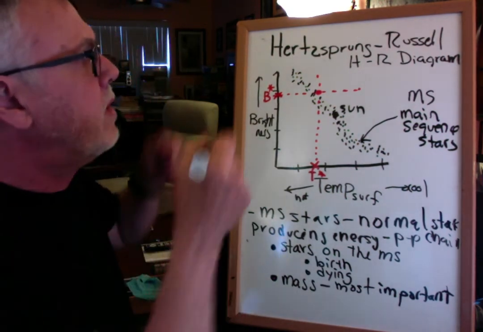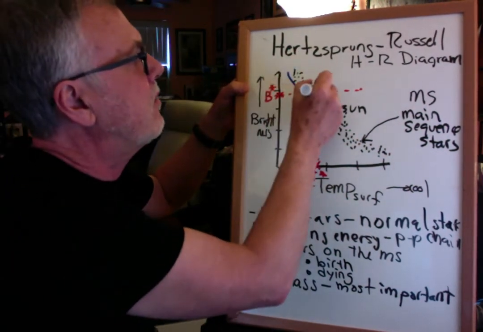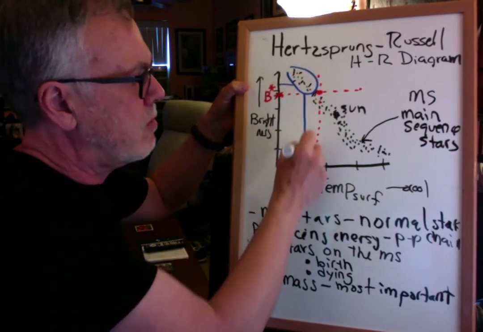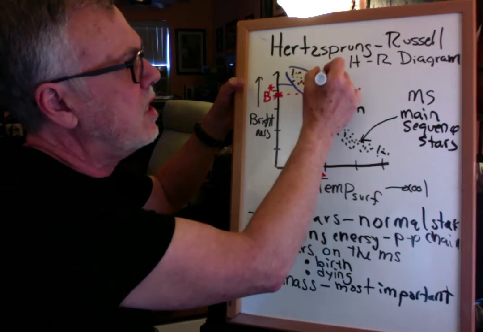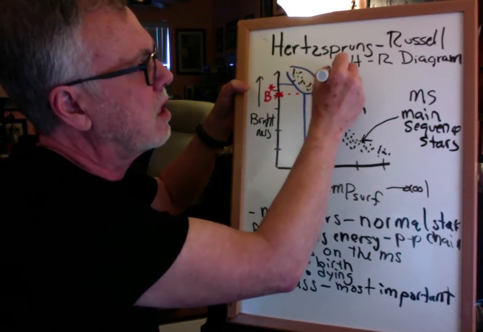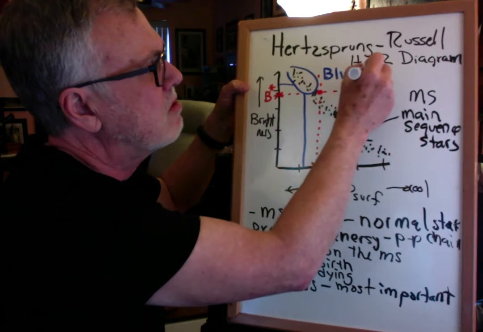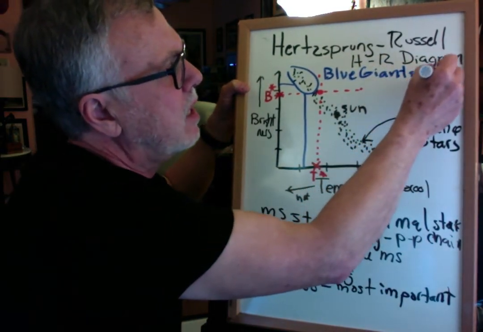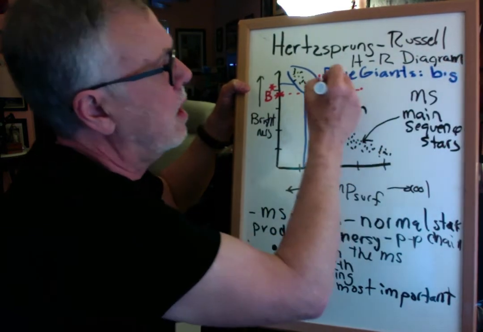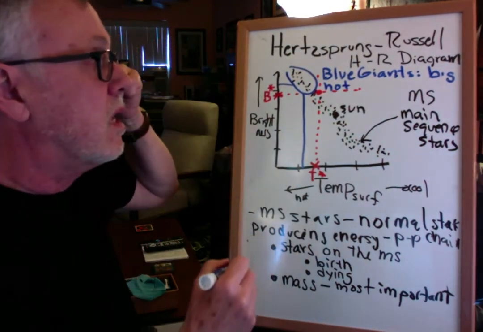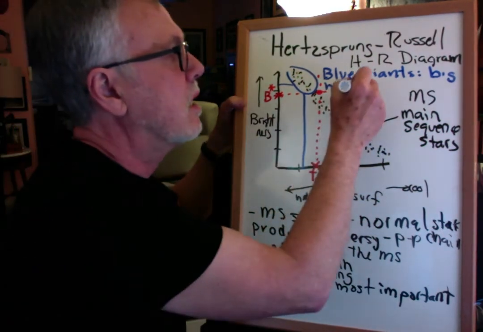And so what we find up here at the very top is that they're very bright and they're very hot. So these stars are known as the blue giants. That's their names. They're big, they're hot, and they're very bright.